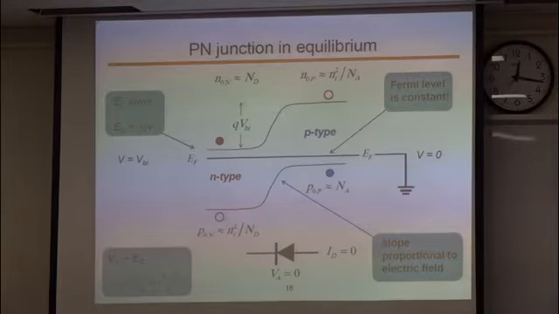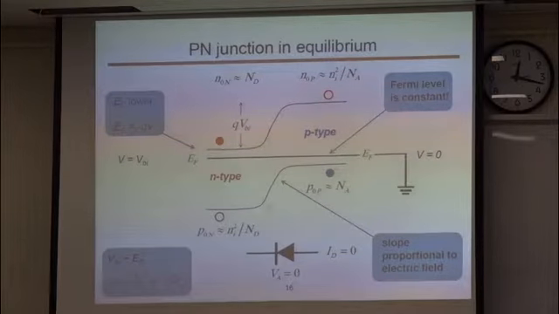Okay, let me explain the details. As I said, there is an N-type here and the P-type here. If we make the contact between the N-type and P-type, then there will be the junction, like an interface, the p-n junction, here. So in the bulk phase, the N-type and P-type will have their own energy diagram in equilibrium.